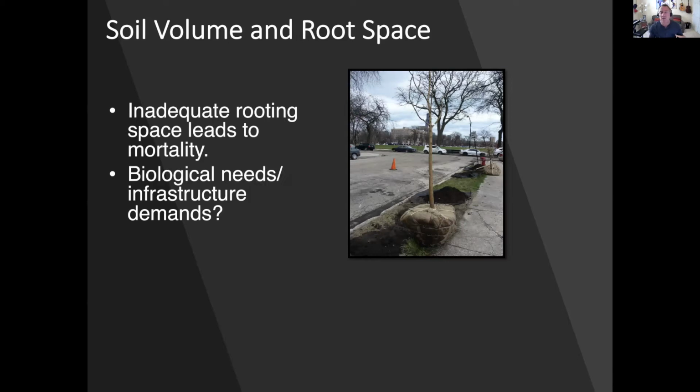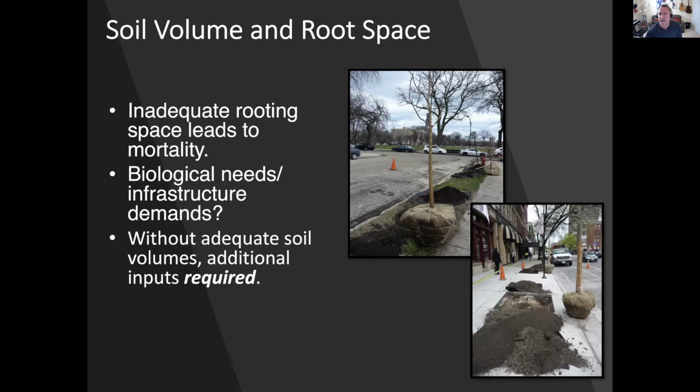We often, in municipal plantings in urban areas, it's a delicate balance trying to come up with meeting the biological needs of the tree or the plant and the demands of the infrastructure. And oftentimes we try to force the tree to comply with what we have available rather than creating space especially for those trees and working around the infrastructure and biological needs of the tree.